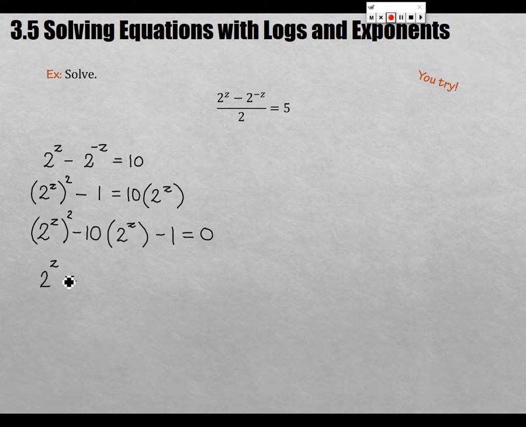I forget how this goes. Let's see, negative... Here, I'll make one of you do it. Reggie likes the quadratic formula. All right, so A is 1, B is -10, and C is -1.